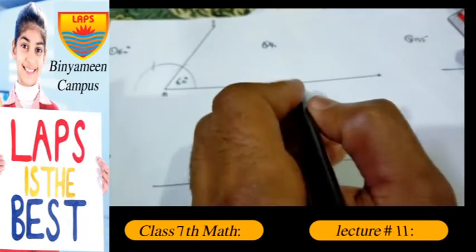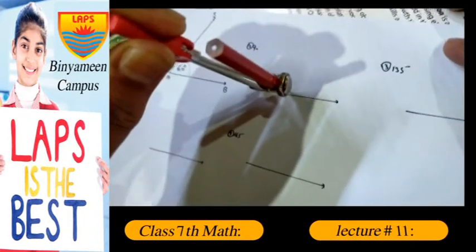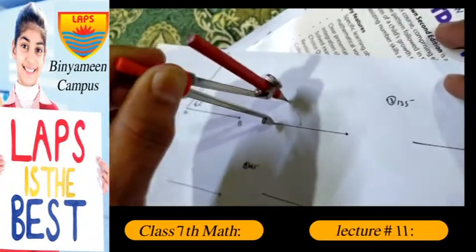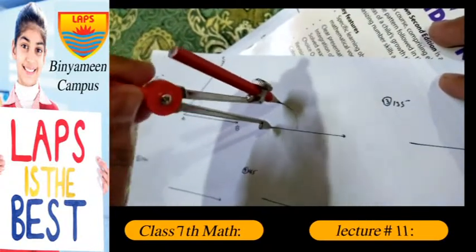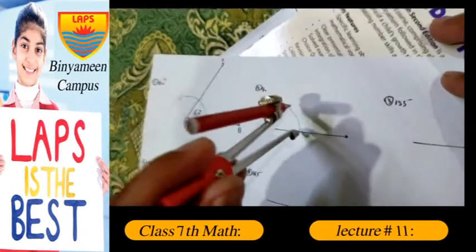Then how to draw the 90 degree angle? Take any radius.